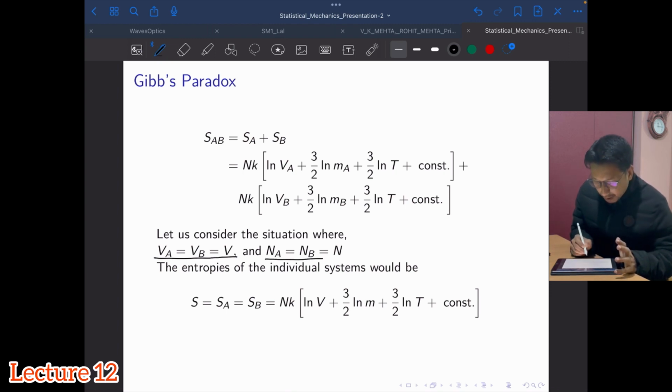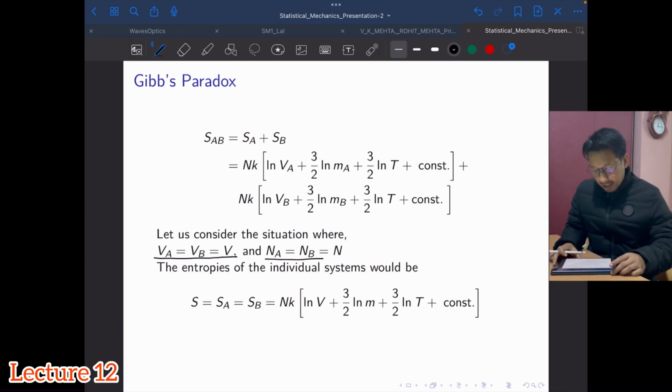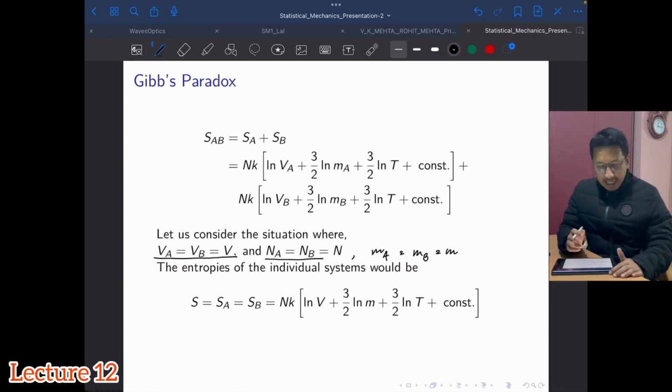And Na, the number of particles in A as well as in B, are the same. The number of particles is N, a capital N, and the mass of each particle is also the same. Here it is not written, but you can include it. So the mass Ma equals Mb equals, let's say, M. Anyway, we have considered the temperature of both systems to be the same and constant, so they are in thermal equilibrium.